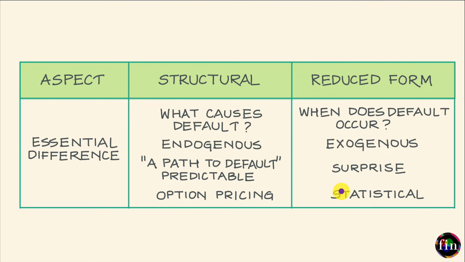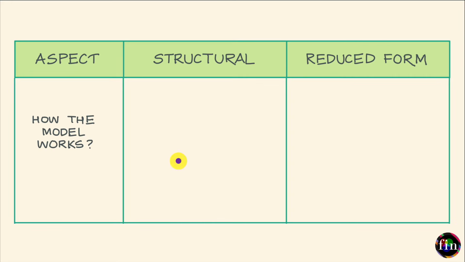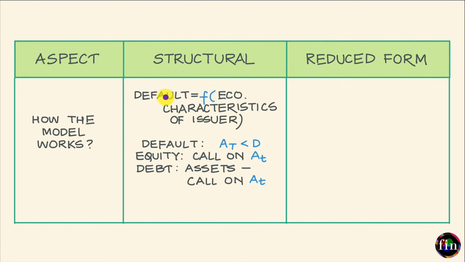Now let's do this. Let's try and peek inside each of these two categories of models, and let's take a look at how each of these models works. When I talk about a structural model, default in a structural model is expressed as a function of the economic characteristics of the issuer.